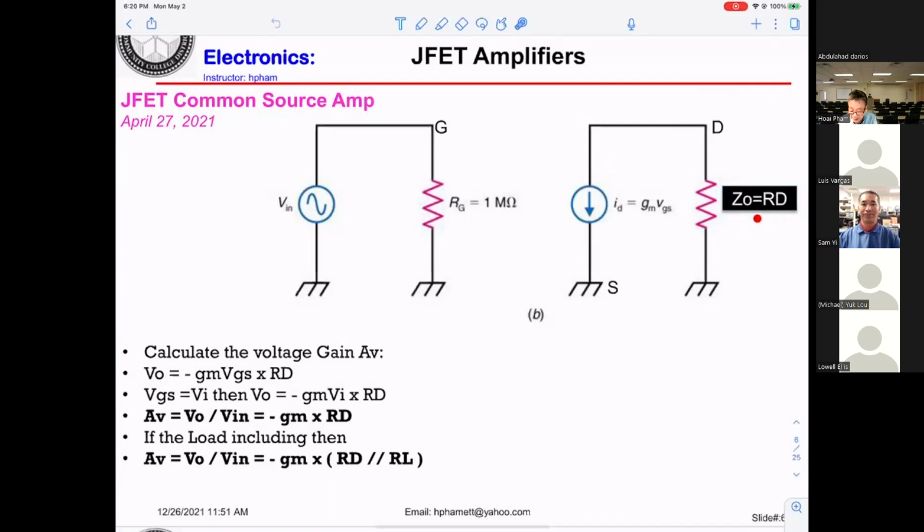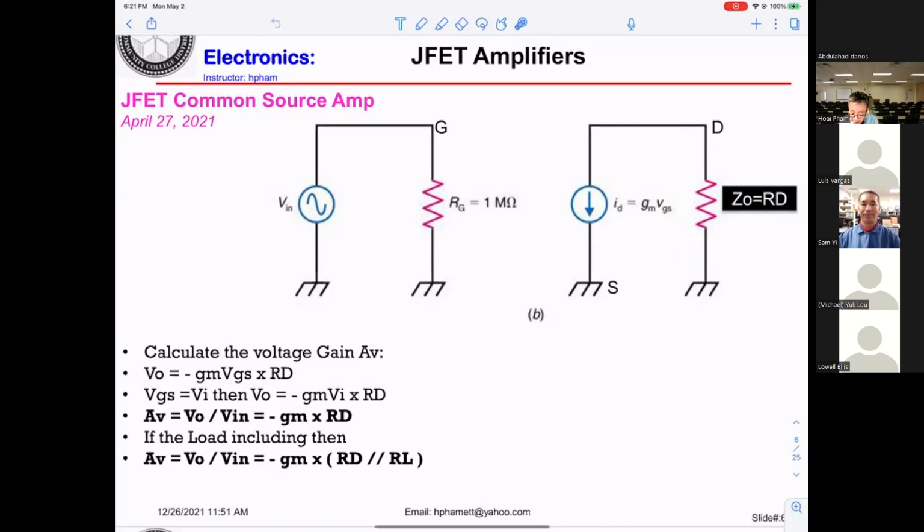In this case, they say it equals R big D. We're not talking about R small d. So to calculate the VO, you take the voltage times the current. You can see VO here means the voltage measured from drain to the rail, measured this way.